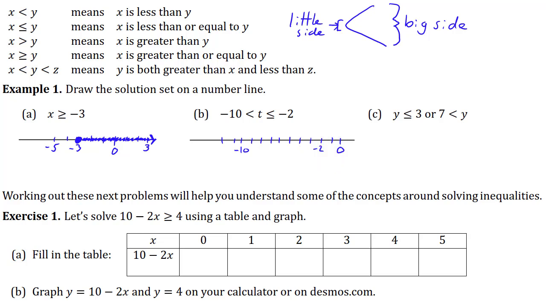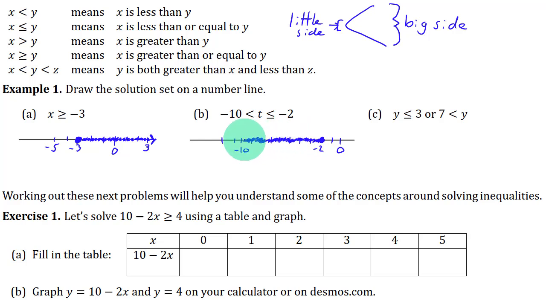So we want to include t equals -2. -2 itself is a solution of this because -2 is less than or equal to -2. And so is everything in between here, anything less than or equal to -2 until we get down to -10.